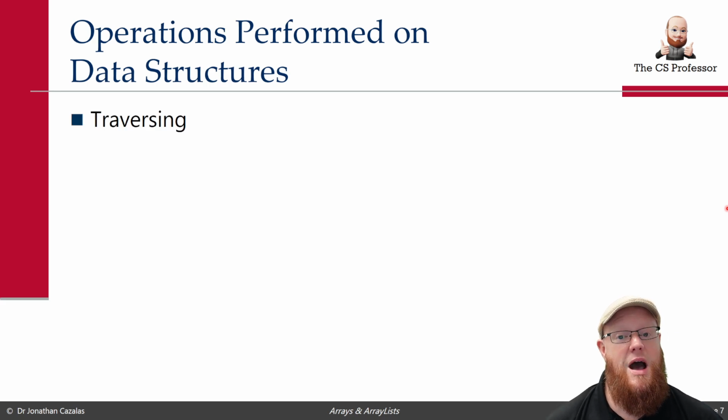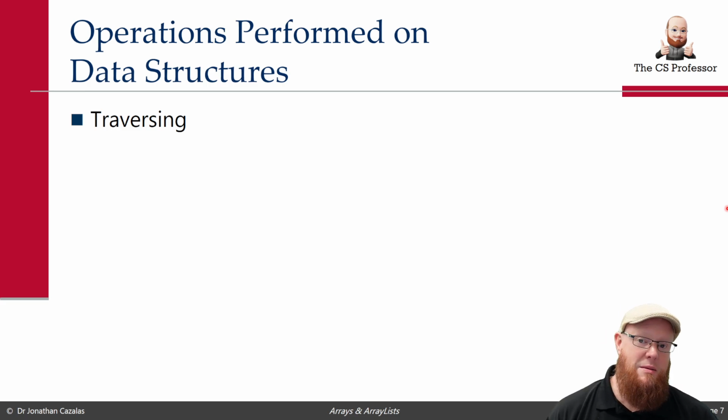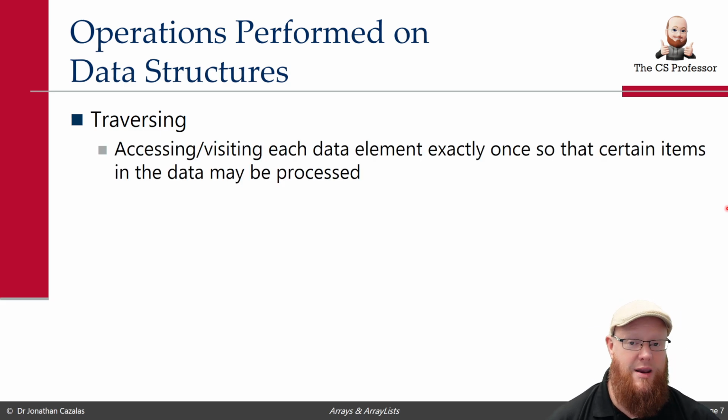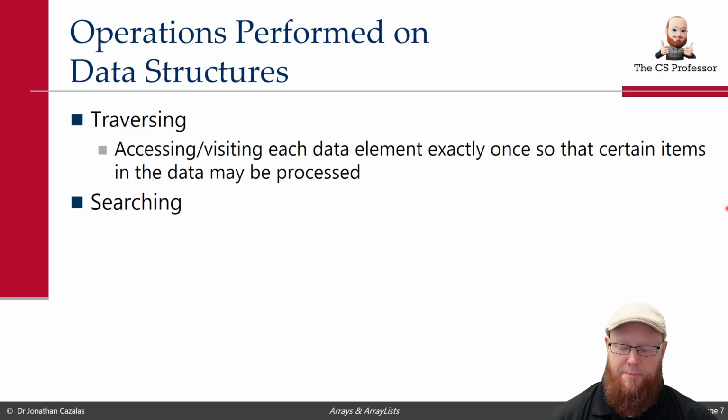Let's now take a look at the operations that we will be performing on our data structures. This might be a new word for us, traversing. It basically means step over every element within the data structure and visit it. Maybe you're going to print it or you're going to modify it in some way. So accessing or visiting every data element in that structure one time.